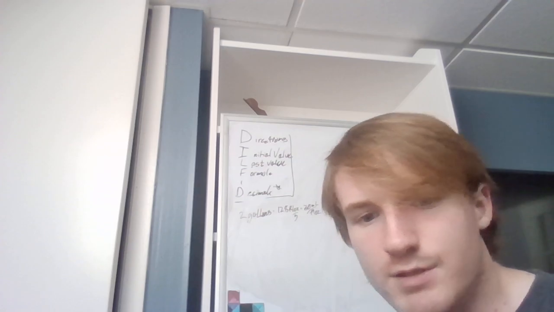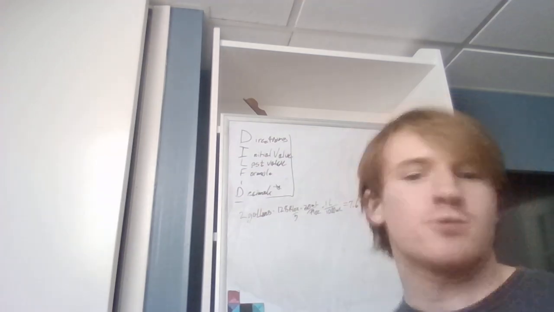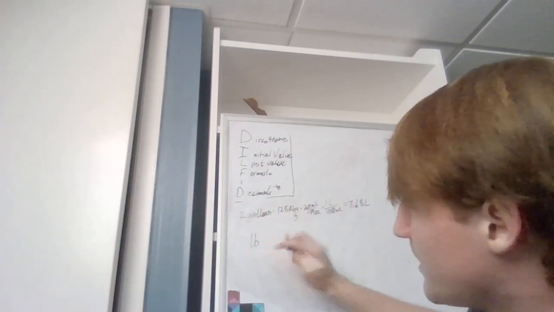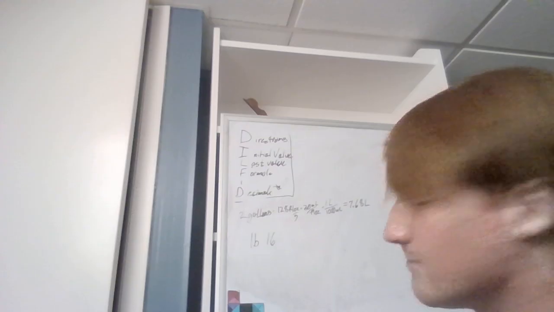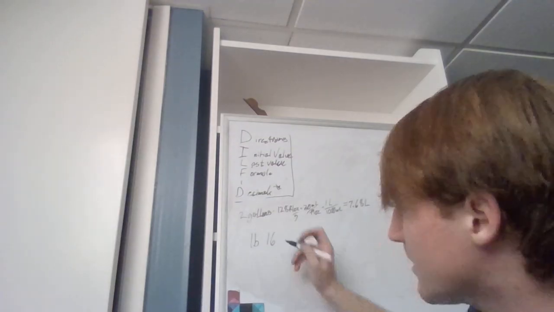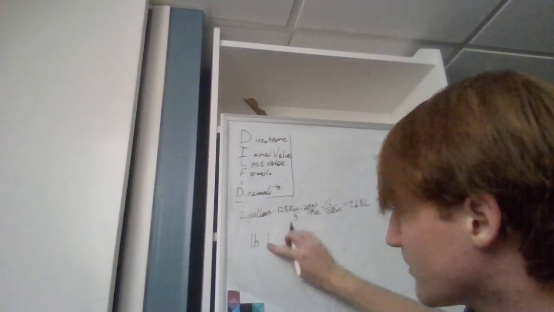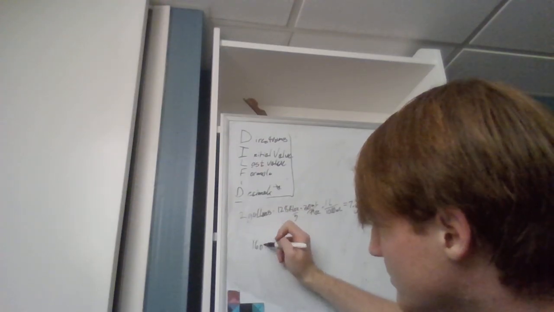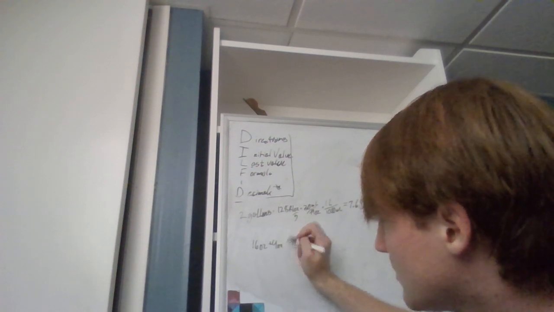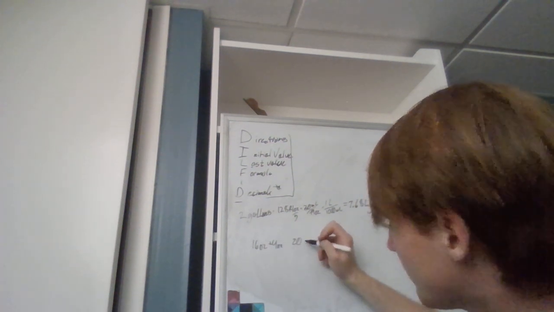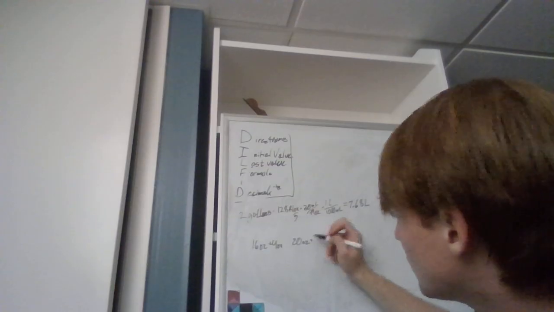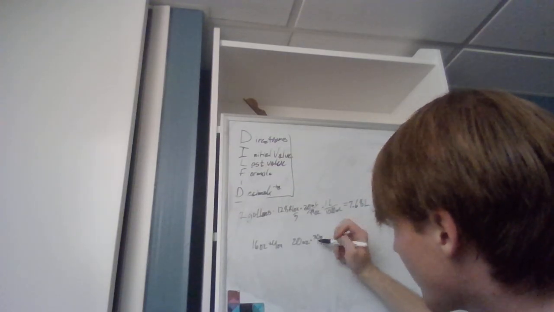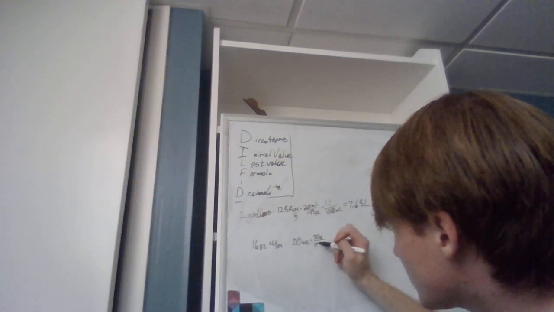1 pound, 4 ounces of Epsom salt. A good way to remember pounds and make sure you're right: the LB kind of looks like a 16. So 16 ounces in a pound, LB, 16, they look really similar. So that's 16 ounces plus 4 ounces equals 20 oz, multiplied by the conversion factor of 30 grams per ounce.